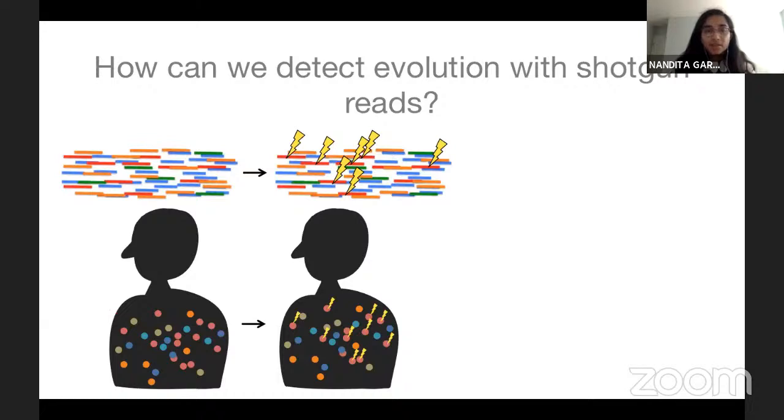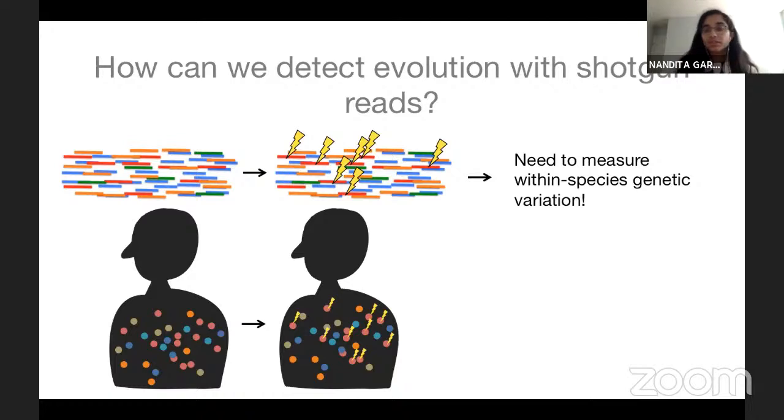Now, how do we detect evolution with shotgun reads? What we hope to see is mutations that rise from low to high frequency with time. But this is really complex. It's as if we're looking for a needle in a haystack. And first, we need to simplify this data and perhaps look at genetic variation within individual species one at a time.